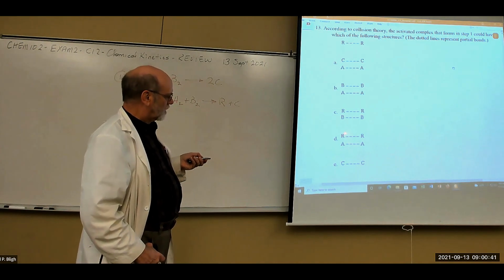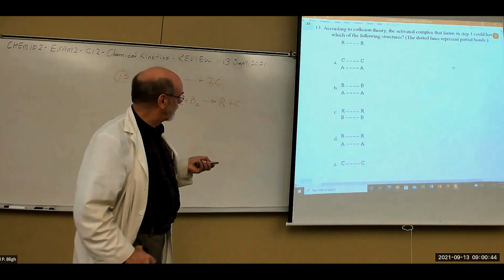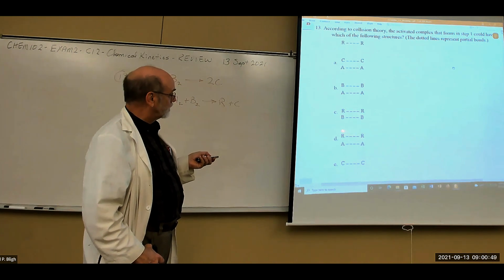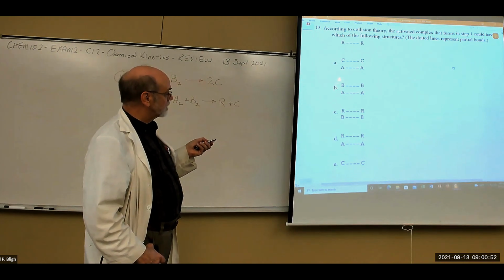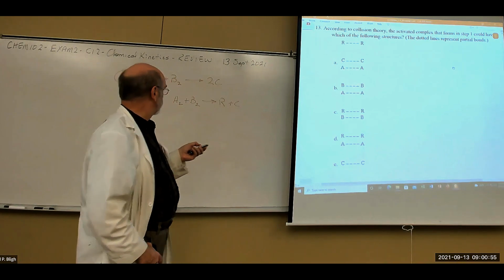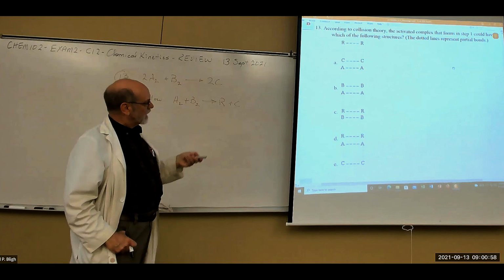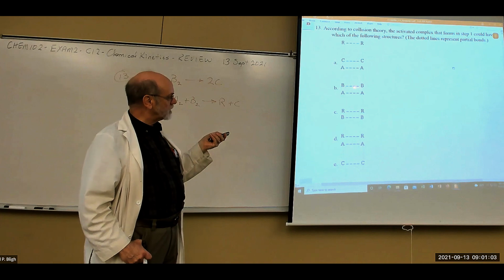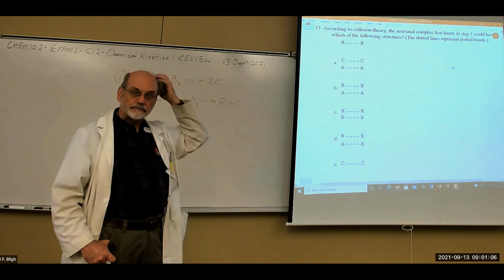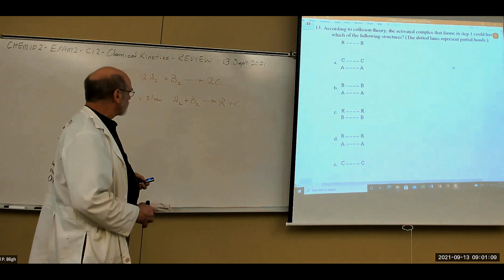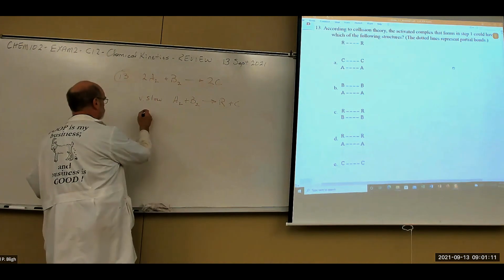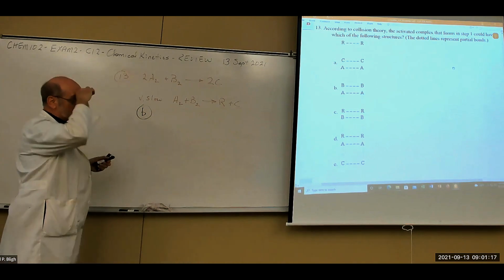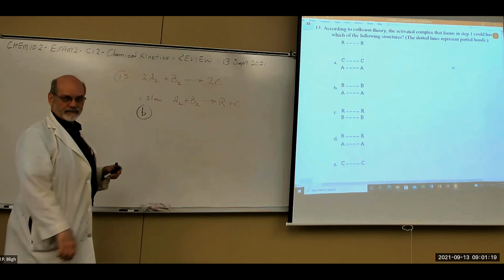And C can be eliminated, because C is R, right, has R in it. And D has R in it. The only one that fits is B. A, B, B, B, right? Two A's, two B's, and they're starting to form bonds here, which means that these are weakened also. So B is the only possibility. That just tests your understanding of activated complex and the collision theory.